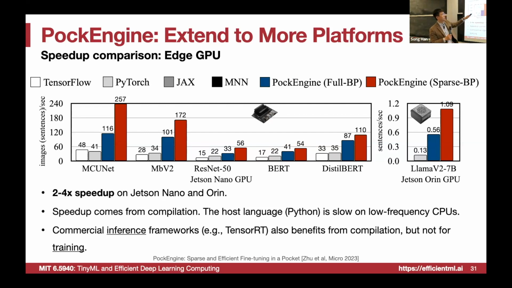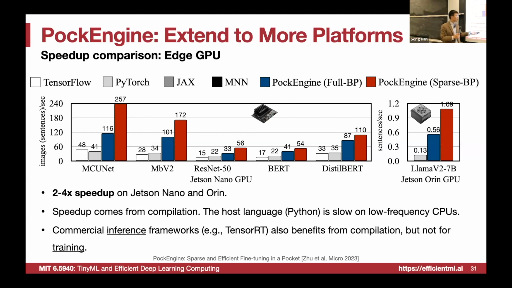So this is the result on the mobile GPU, the Jetson Nano, and also the Jetson Orin. So we get about 2 to 4x speedup on Jetson Nano and also the Jetson Orin. The speedup comes from compilation. The host language, Python, is pretty slow on these edge low frequency CPUs.